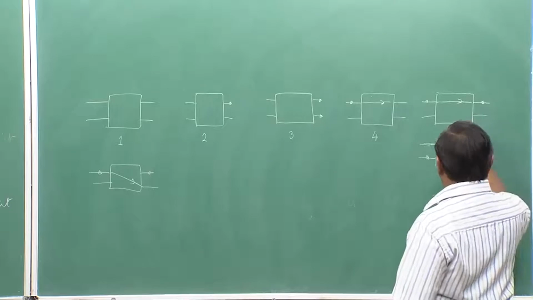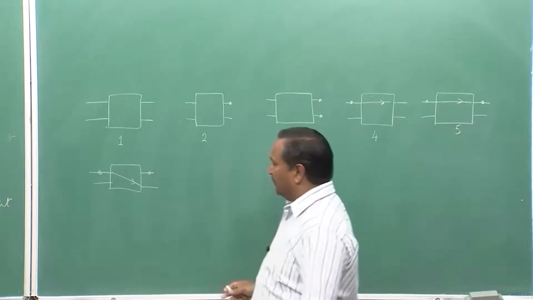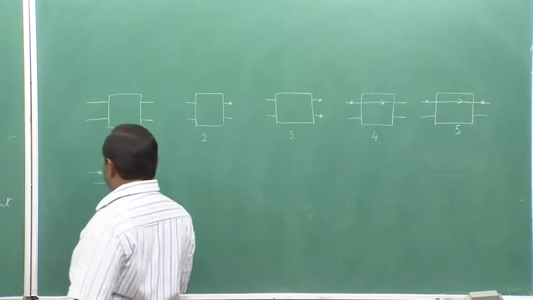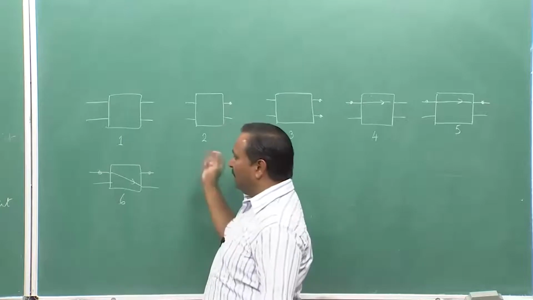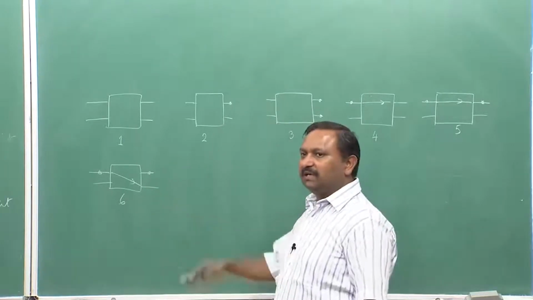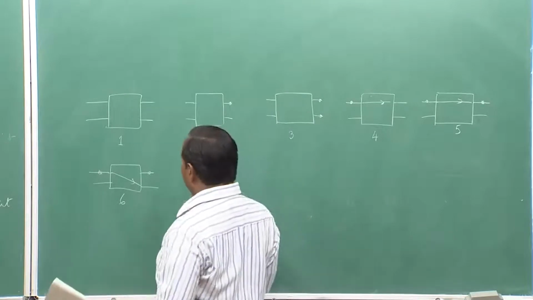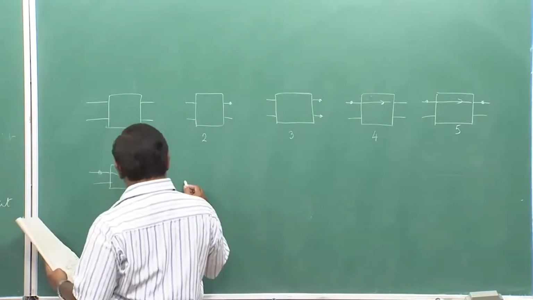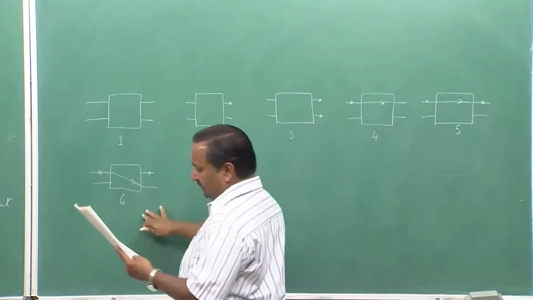So this is the fifth state, and this I define as the sixth one. If by twisting the inputs around I can map onto something, then it is merged into that state.